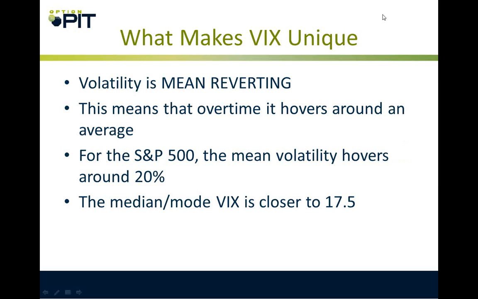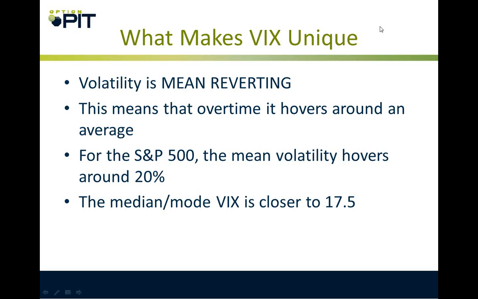Now, I don't really like looking at the mean of the VIX for figuring out high or low. To me, 20% is high, whether we're at 30 or 15. The reason why is, do you know how many times in its history the VIX has traded below 10?